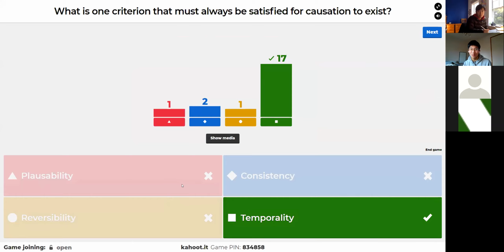So temporality is the most important because something can't cause it if it doesn't come before it. If it happens after or at the same time, then it can't cause it, right? Sure, the other ones might be valid, but they don't always have to be that. Temporality is the only one that must always be there.